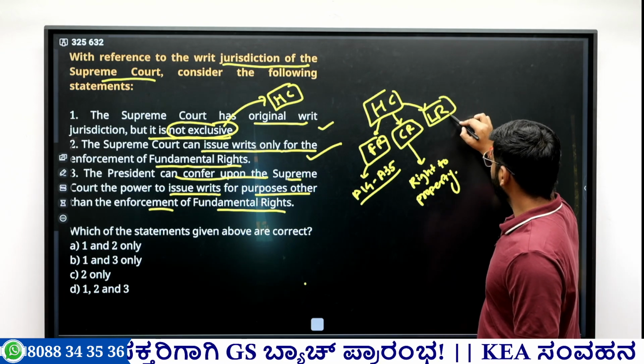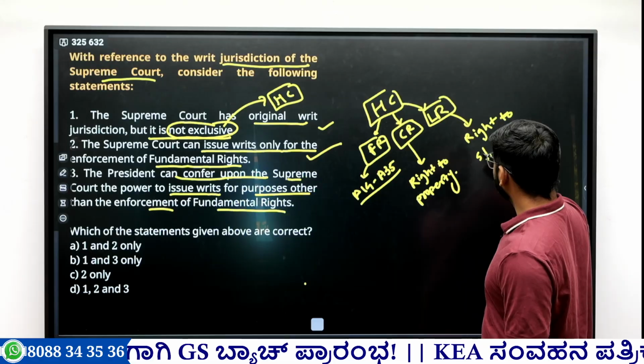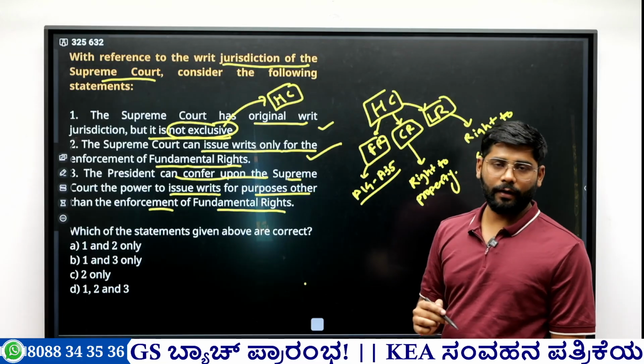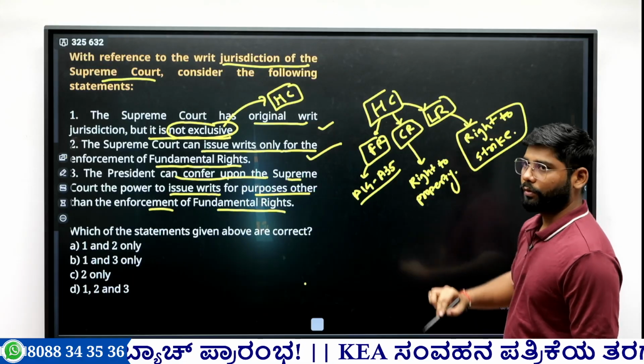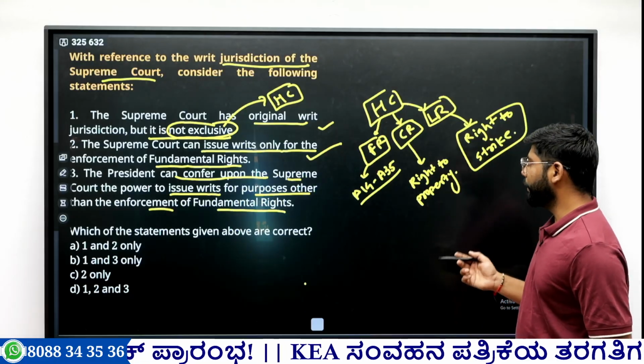Then legal rights: the right to strike. The right to strike is not a fundamental right under Article 19, but it is a legal right given by law. I forgot the name of the law, but it is a legal right. So this is the difference.